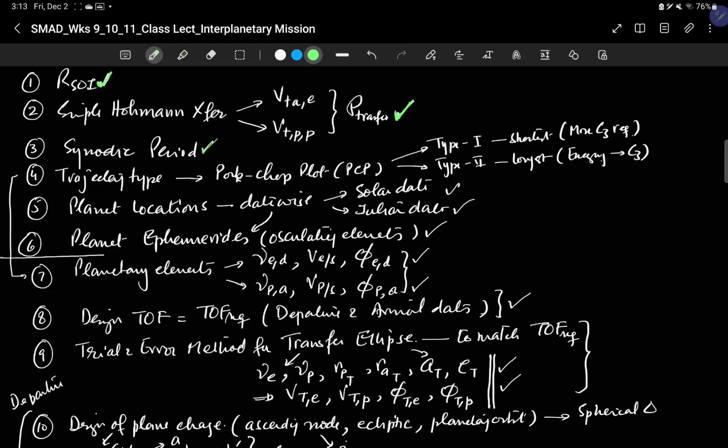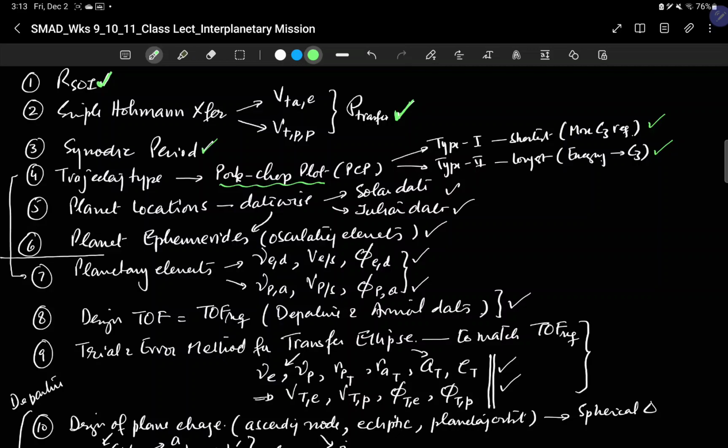Thereafter, we went for the trajectory calculations, which led to the development of the pork-chop plot. This was able to give us the value of the C3 and the variation of our type 1 and type 2. There was a lot of mathematical model that ultimately culminated in the pork-chop plot.